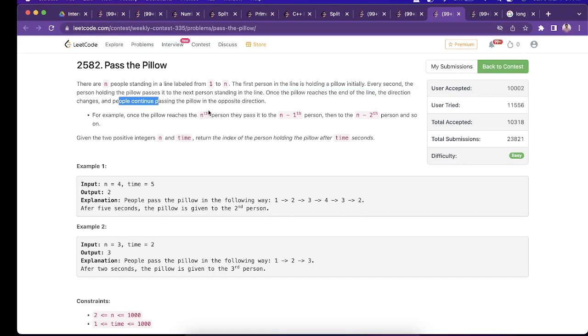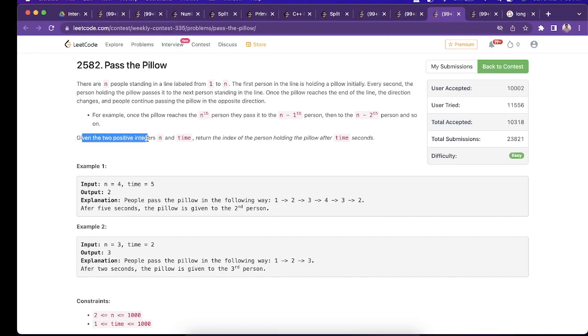So when the pillow reaches the nth person's hand, then the people start passing the pillow in the opposite direction. Now we can understand it from one of the examples. Once the pillow reaches the nth person, they pass it to the n minus 1th person and then the n minus 2th person and so on.